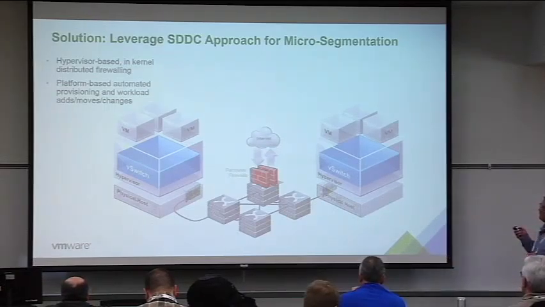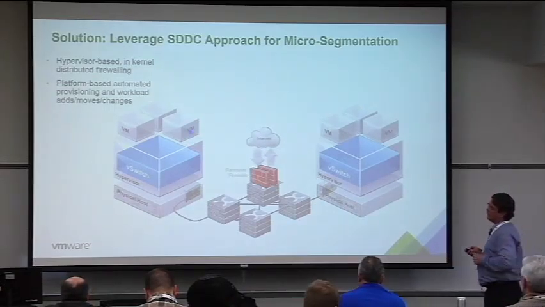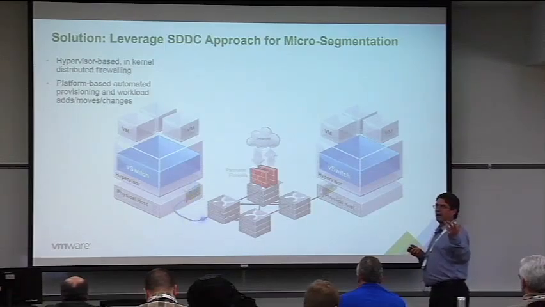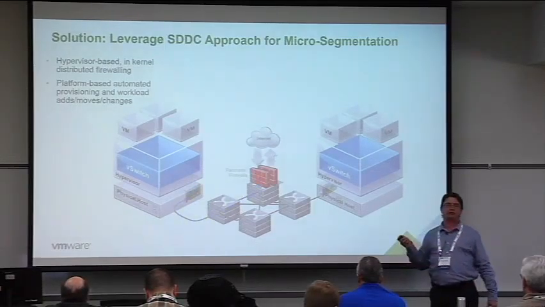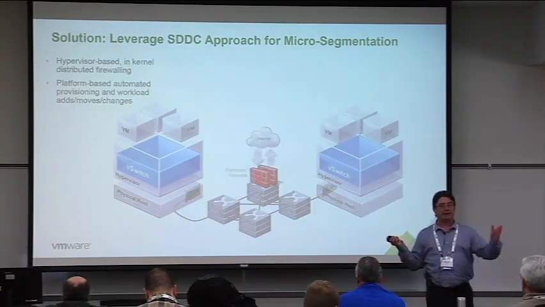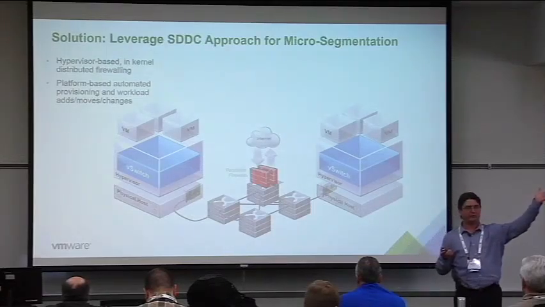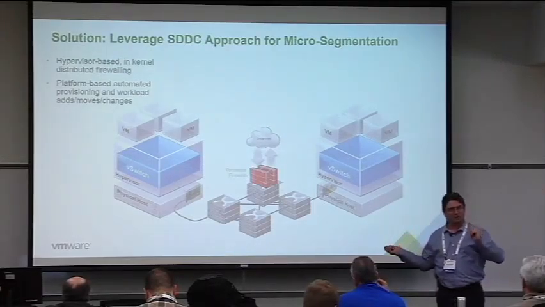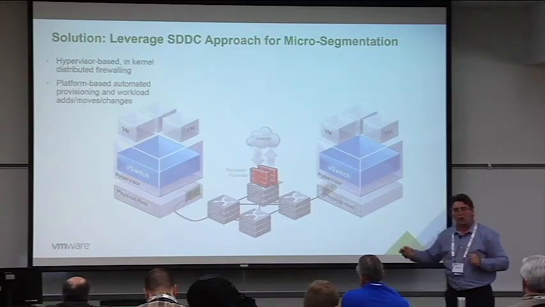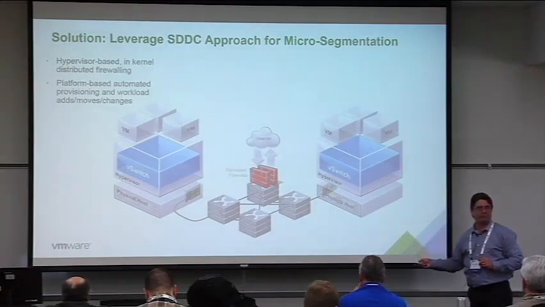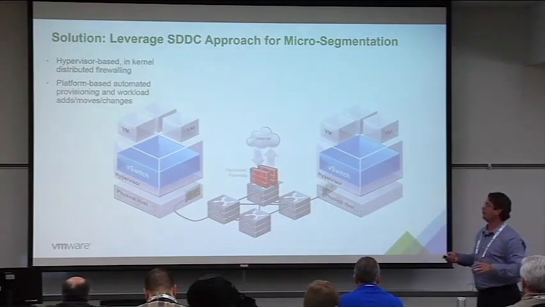So today, a VM wants to talk. A hypervisor takes the packet, puts it on the network, it travels through your physical fabric, and if you're sending it out to your firewall for inspection, the firewall can stop it. Right? But it's already traveled throughout your network at that point. That may or may not be a problem for you.